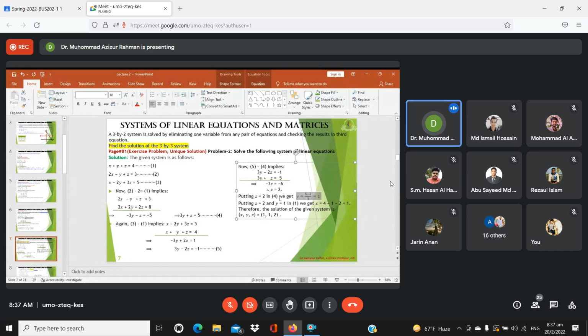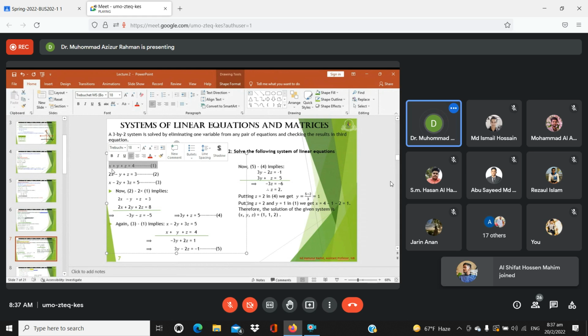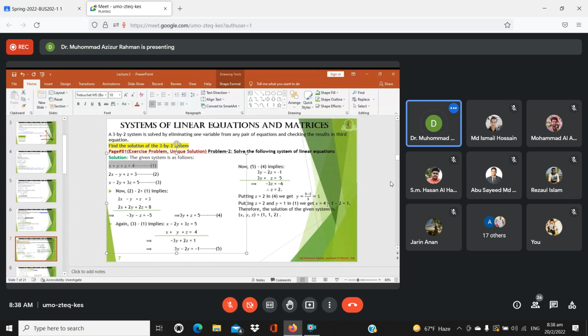Now you know two values, y equals 1, z equals 2. So in equation number 1, put the values of y and z, and you will get x equals 4 minus 1 minus 2, so x equals 1.